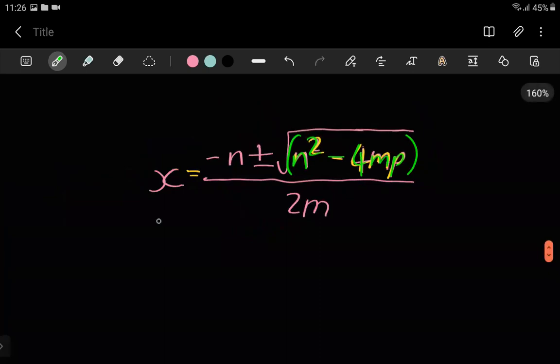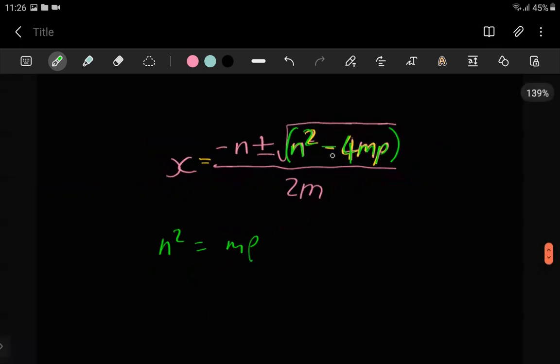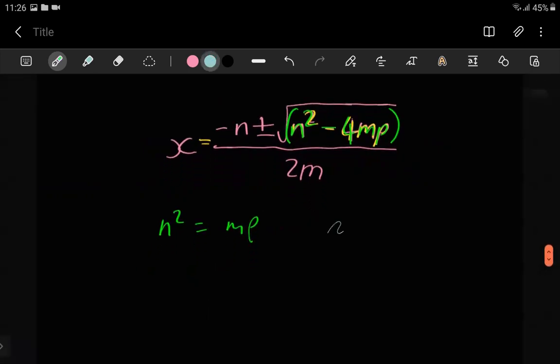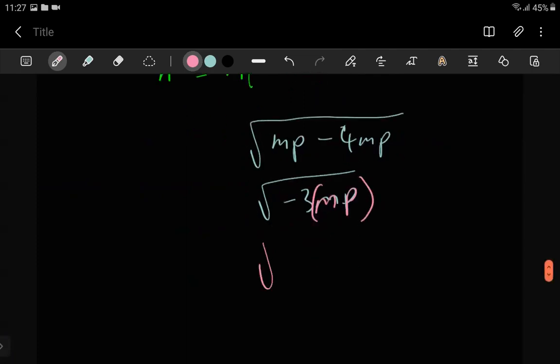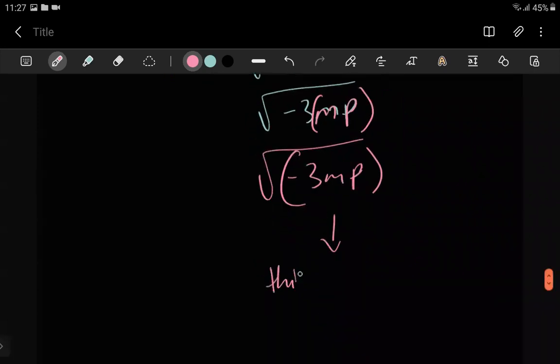We worked out that n squared is equal to mp, so the part under our square root is technically going to be mp minus 4mp, which is negative 3mp. And we said m and p will always be positive numbers, so a positive times a positive times the negative 3 will always be a negative number.